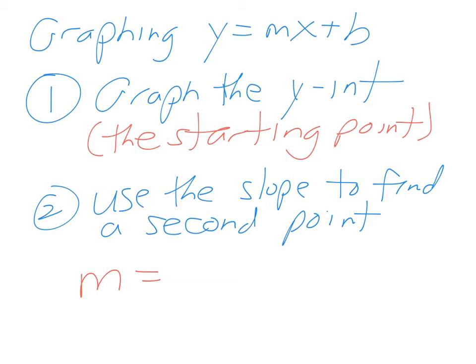Does anyone remember the other 2 words I used? Rise over run. Think about what that tells you. What do you think about? Y over X, because the Y is rising. Yes, the y is rising and the x is running.